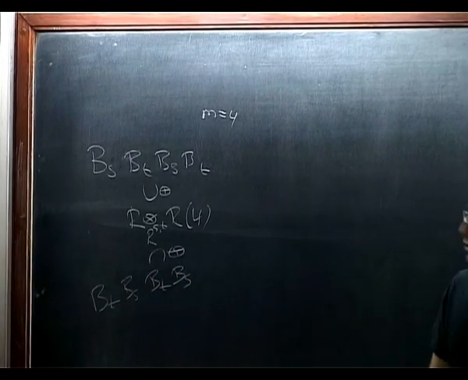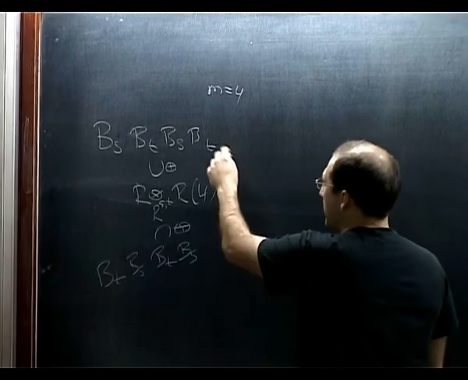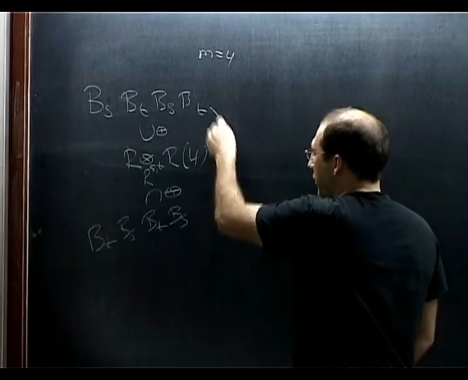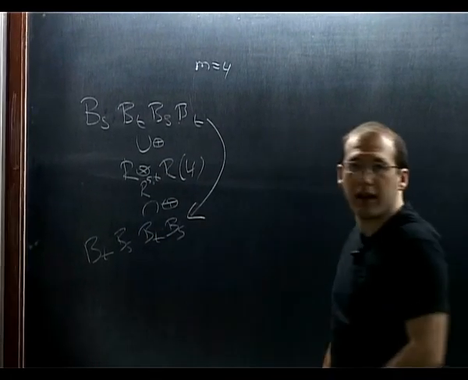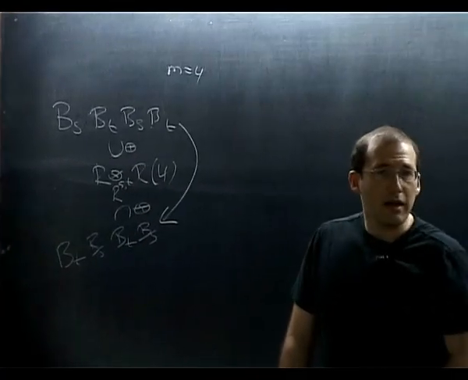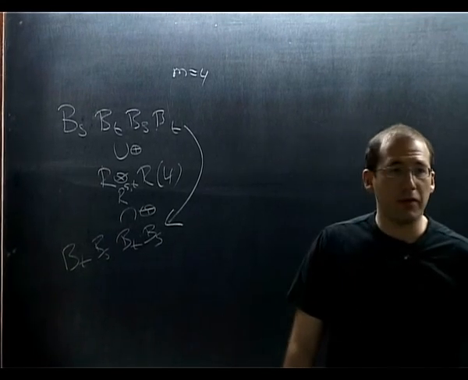And so there should be some morphism from here to here, which is project to the summand and include back there. Now, one should be able to write down this morphism explicitly.